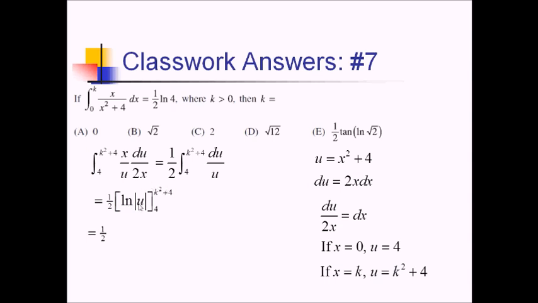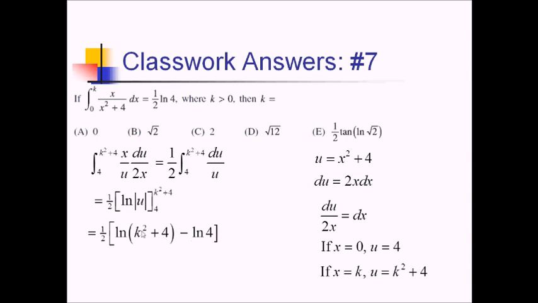Now I can drop the absolute value, which I need to do to solve this anyway, because k squared plus 4 is guaranteed to be positive. Even if you could have negative k values, squaring them makes them positive, and adding 4 makes them more positive. And look what they said up here: k is positive. So we can just write ln of k squared plus 4, and ln of 4 with no absolute value because 4 is positive.